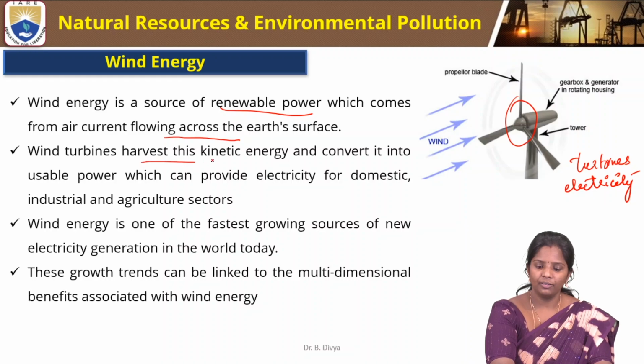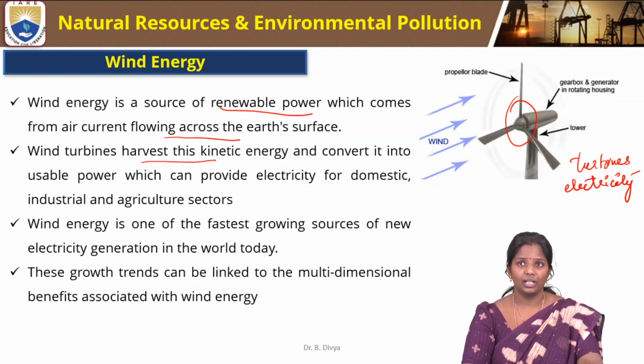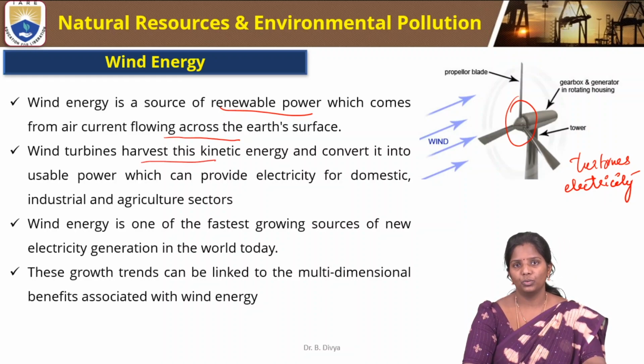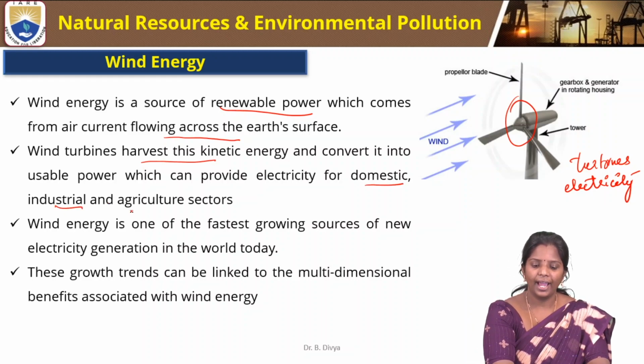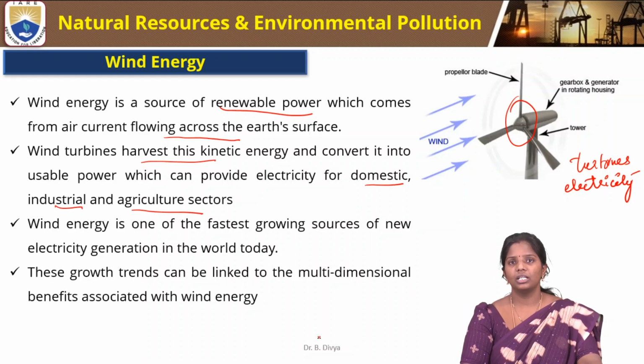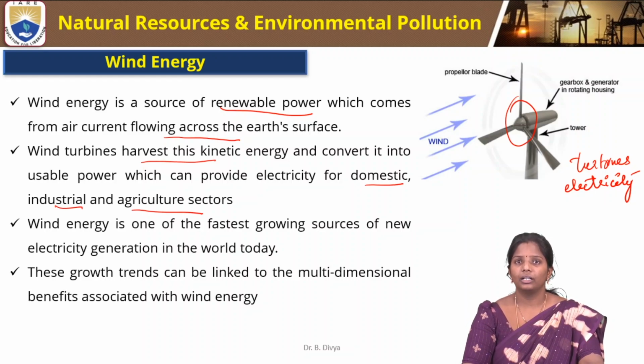These turbines harvest this kinetic energy and convert it to usable power that can provide electricity for domestic, industrial and agriculture sectors. It is a very simple technology wherein the turbines generate electricity.